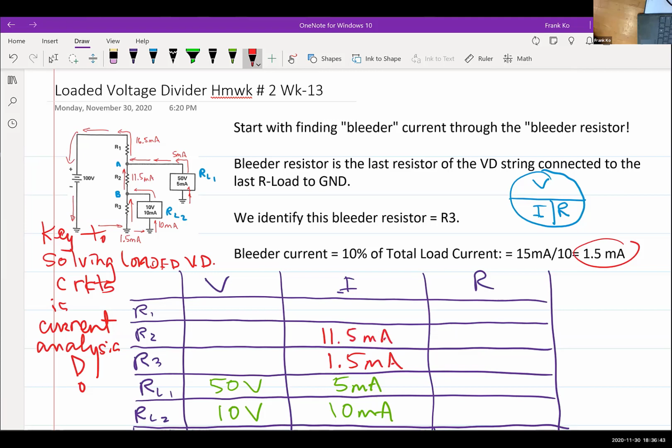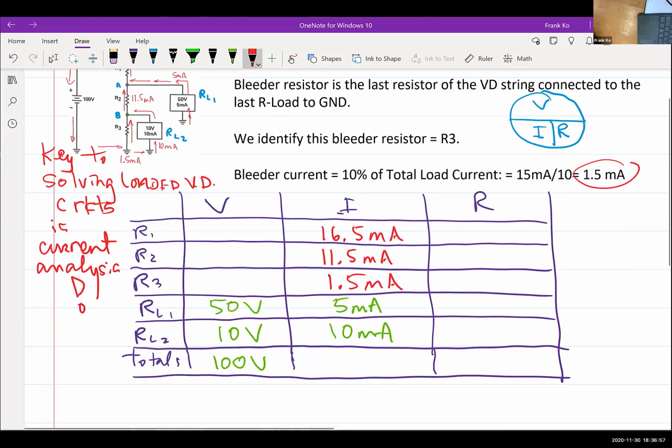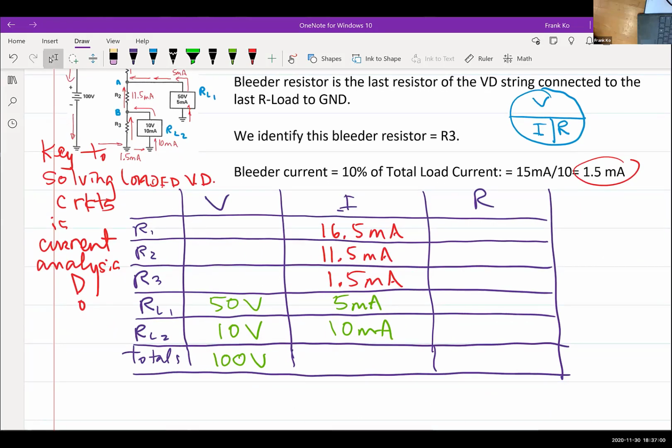And we determined that the current through R1 was 16.5 milliamps. So are we done with current analysis? The current column is completely filled in, yes? No. Oh, one more. Yes, total, sorry.